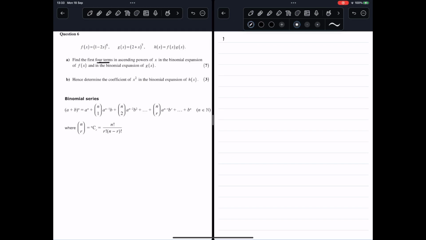Now in question number 6, we are given 3 well-defined functions, and we need to use the binomial expansion.